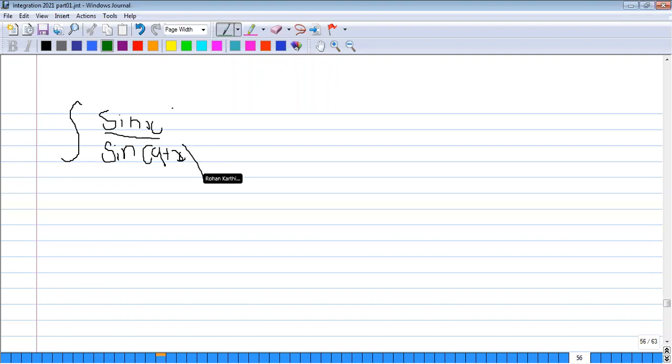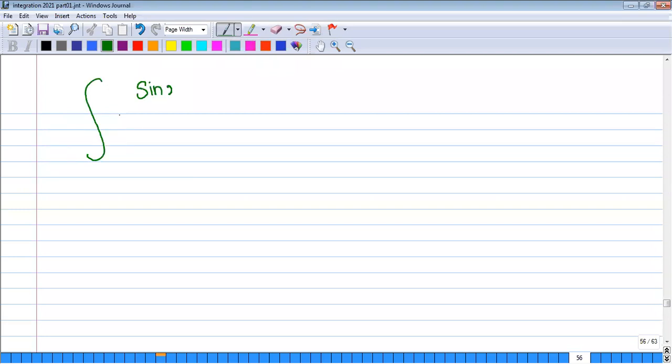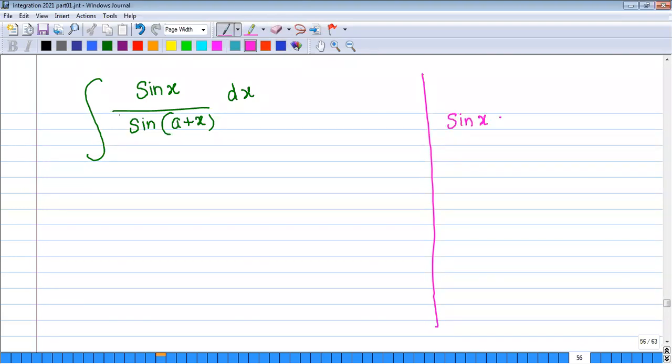Okay, Nana, I got it. Question: integral of sin x by sin of a plus x dx. Am I correct? Yes, sir. Correct? Right. Now, can I write this sin x is equal to, without changing identity, sin of a plus x minus a?